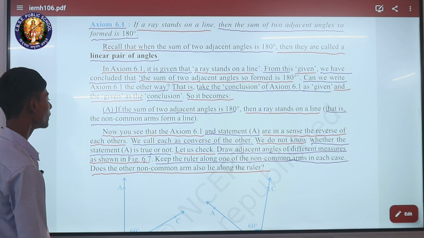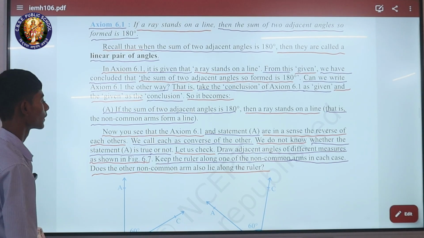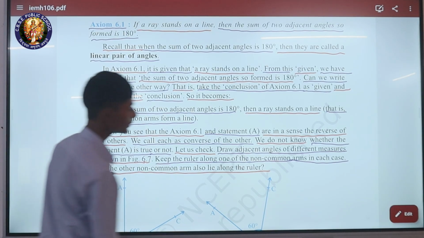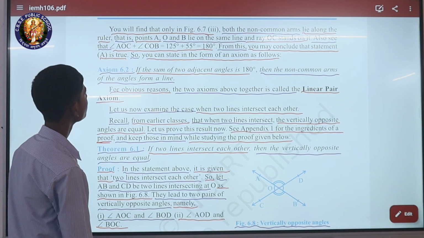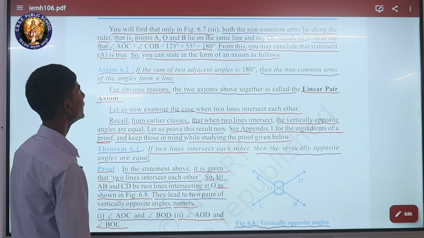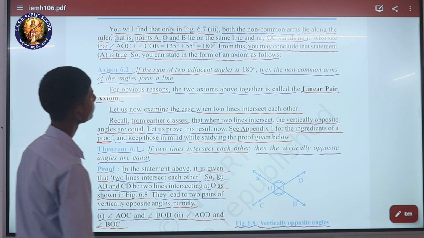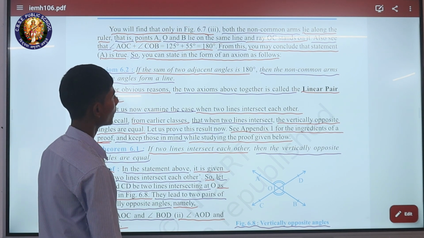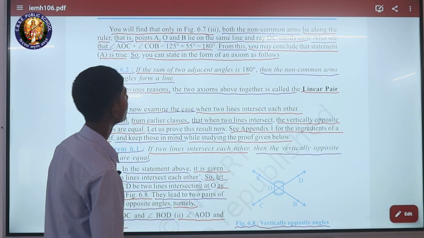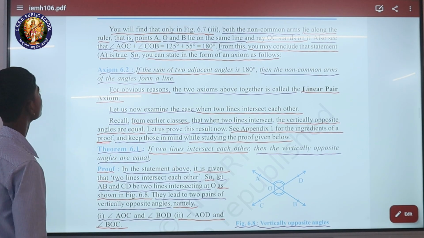Does the other non-common arm also lie along the ruler? You will find that only in Figure 6.7 (iii) do both the non-common arms lie along the ruler.